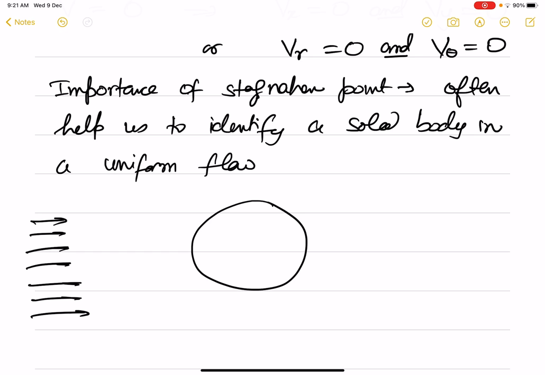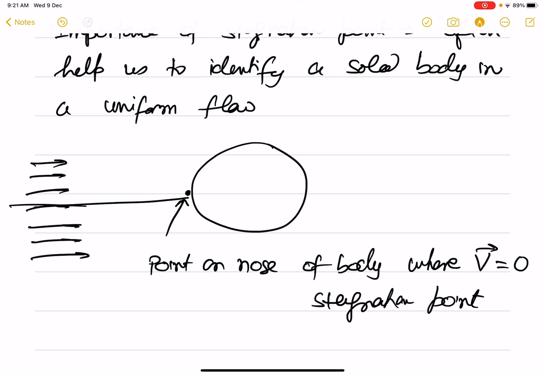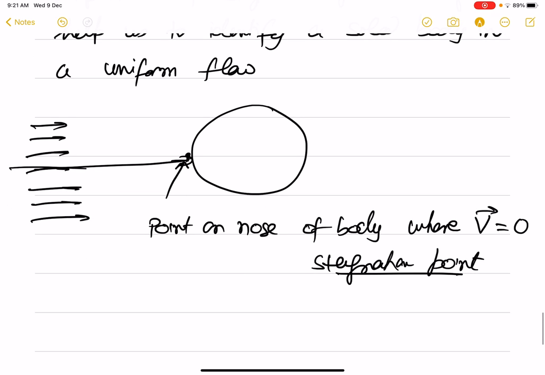Then what we know is, as the flow approaches the cylinder, the point on the nose of the body is the one where typically V is equal to 0, and such points are stagnation points. So if we follow a streamline which comes here, it hits the nose of the body, and that is the stagnation point.